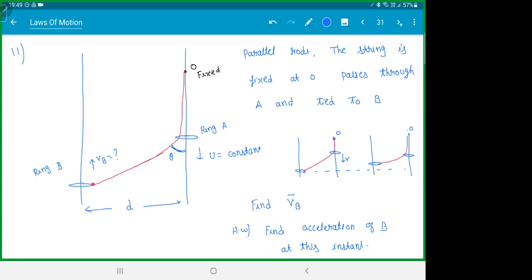U by cos theta minus u. I don't know the answer. देखना पड़ेगा. U by cos theta minus u. That might be right. Finish off. Easy one, this is. The acceleration is fun, that you try at home.